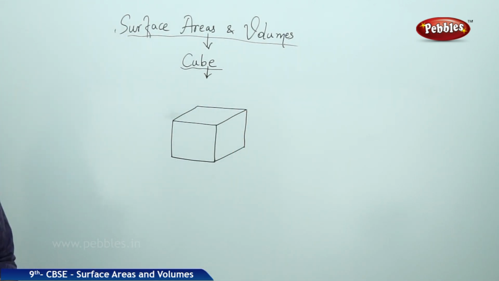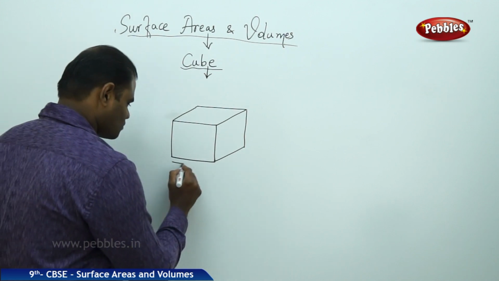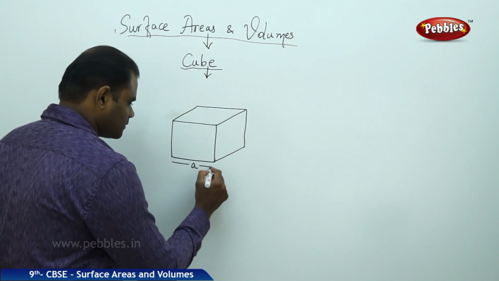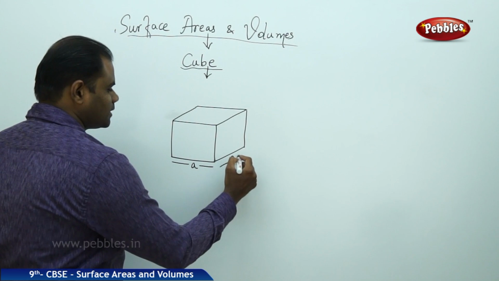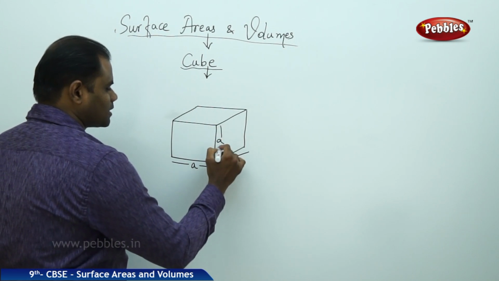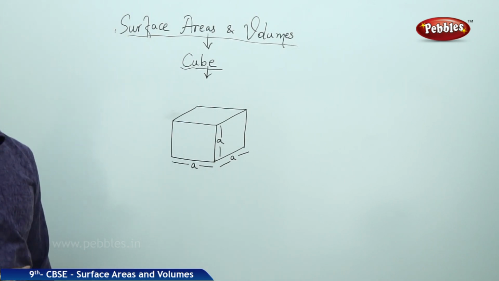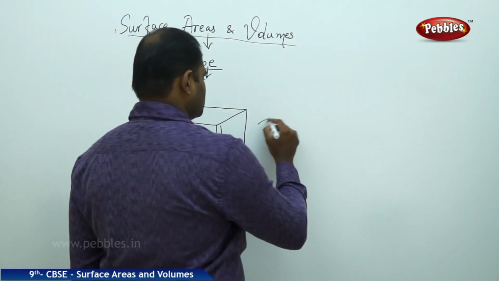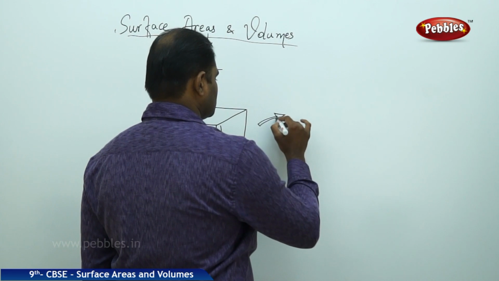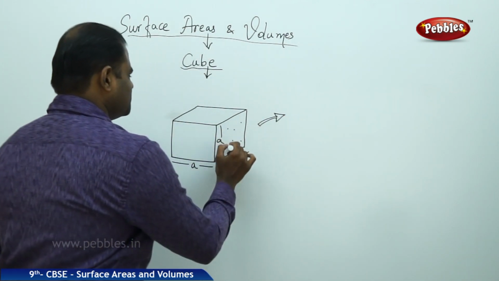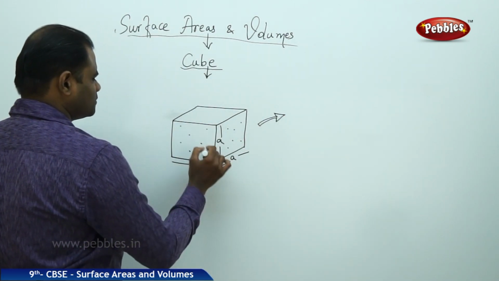This is an example of a cube because, say, this side is A, this side is A, and this side is A. Its length, its width, and its height are all equal in length. So we can define a cube as seen here with the dotted region.